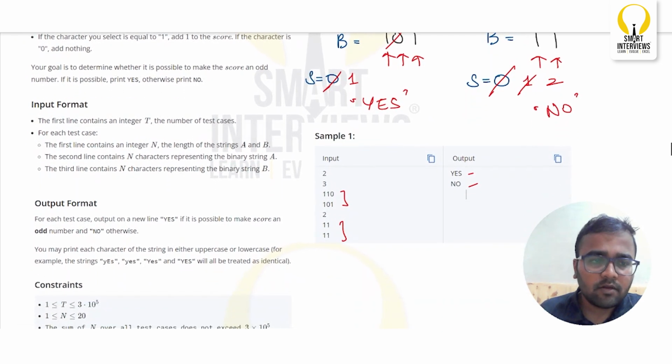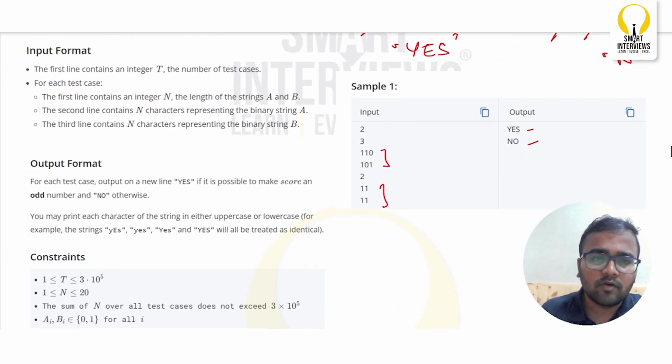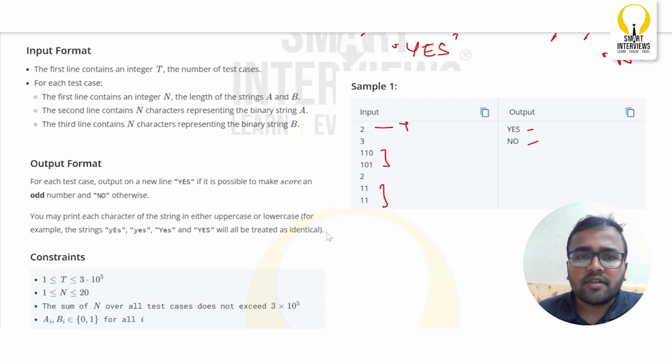Let us move forward to the input and output format. The input format: the first line contains an integer t, the number of test cases. For each test case, the first line contains integer n, the length of the strings a and b. The second line contains n characters representing binary string a.